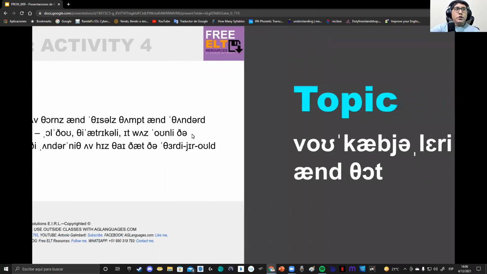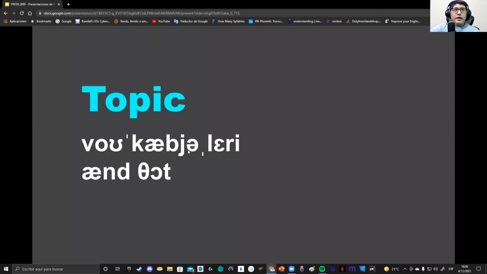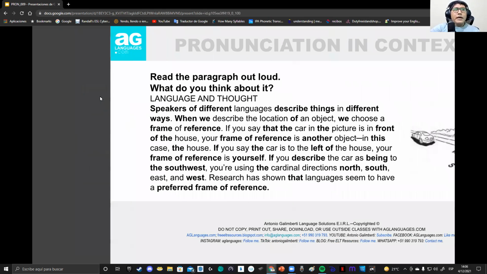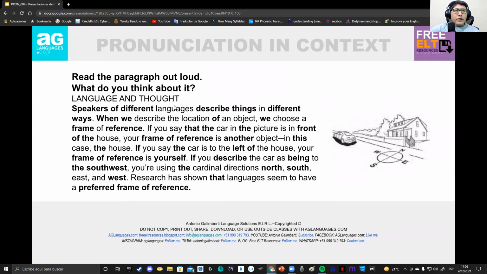Okay, so let's talk about our topic, vocabulary and thought. Let's read this paragraph. Language and thought. Speakers of different languages describe things in different ways. When we describe the location of an object, we choose a frame of reference.